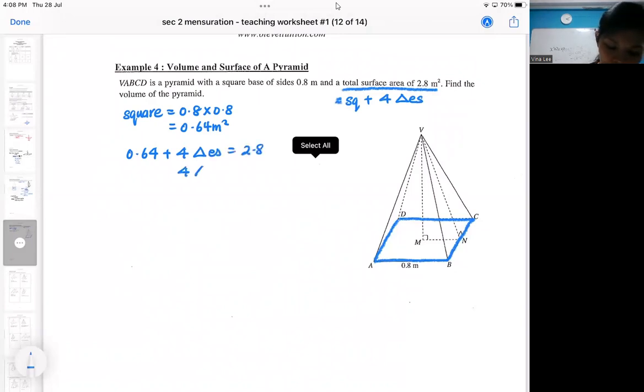So slowly, I'm going to work out the 4 triangles. I want to work out one triangle. What is the area of one triangle? I'm quite sure you know how to work this out.